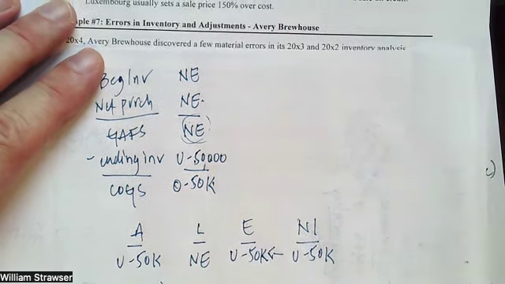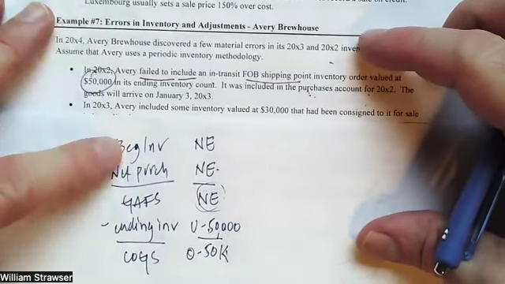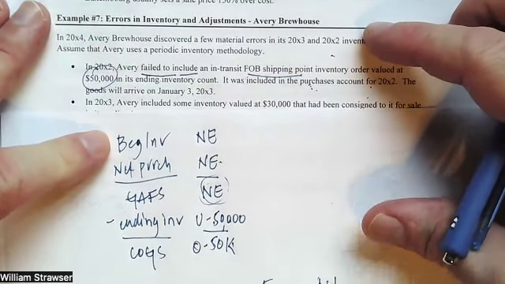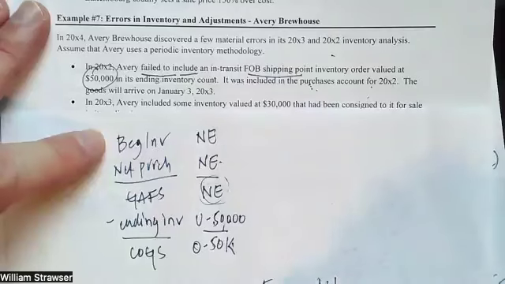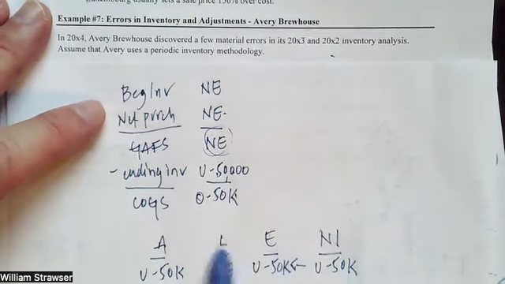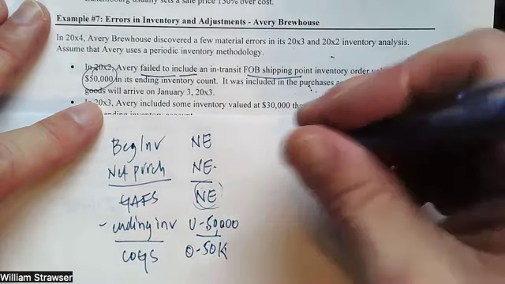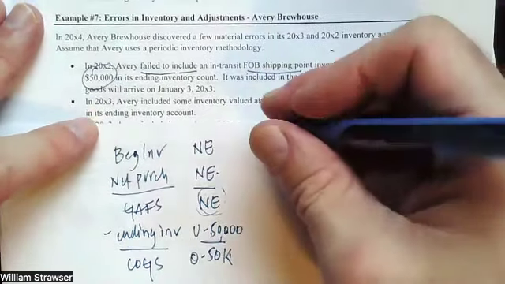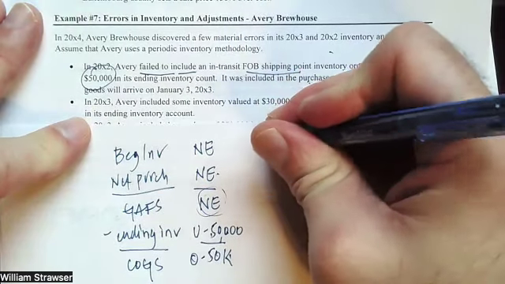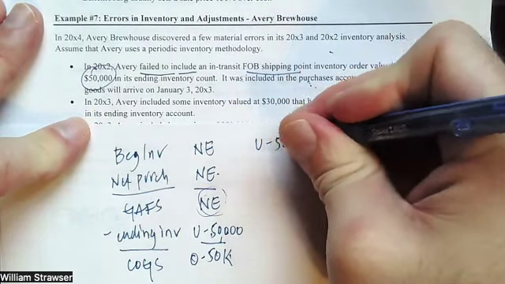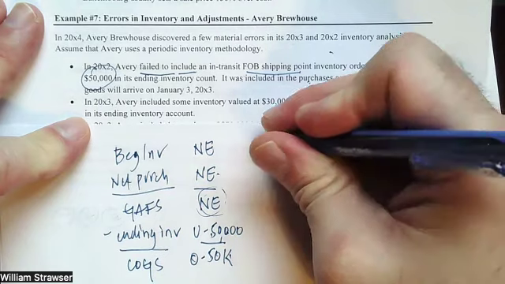So now let's talk about the second year. Remember, the very first part I had talked about, well, we're rolling into 20x3. If we haven't corrected these errors yet, then the asset is going to carry over into beginning inventory of the next year, because my ending inventory will still be understated. I'm sorry, overstated. No, it is understated.